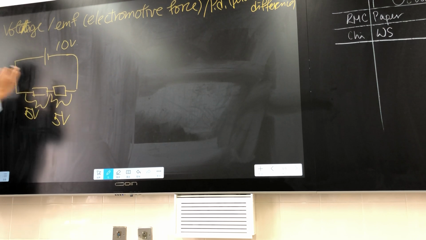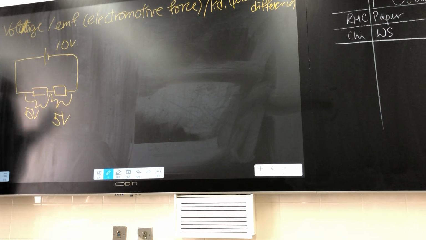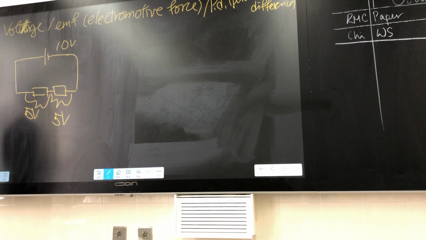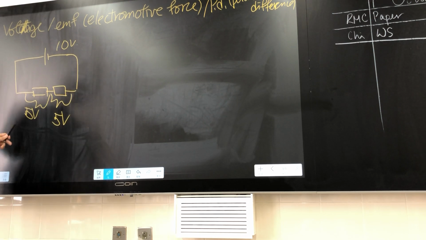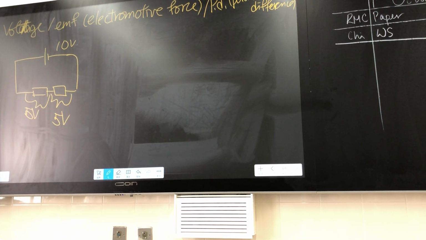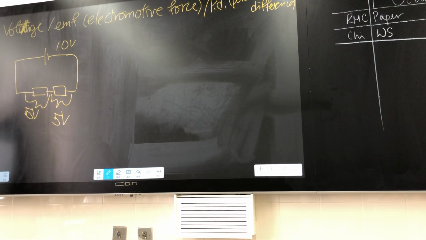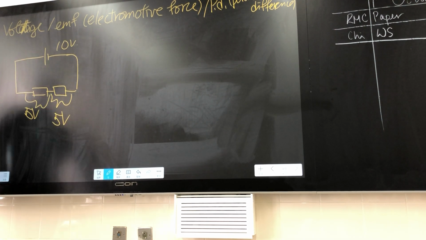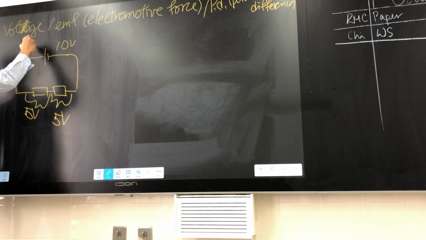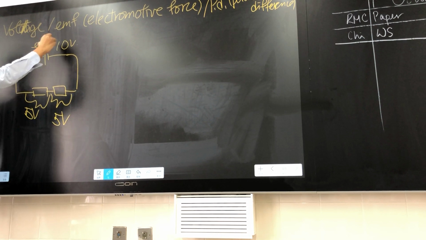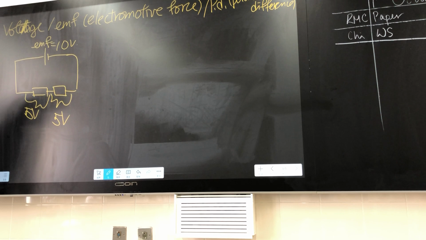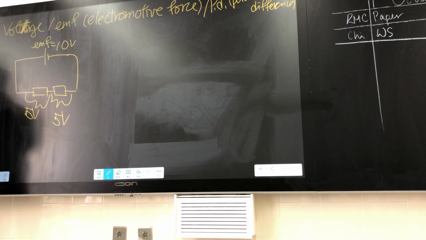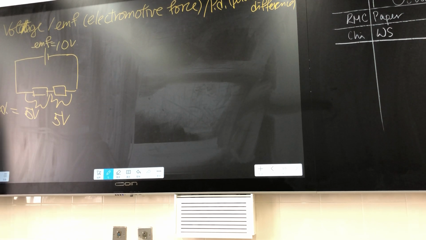So the voltage you use for each resistor is the same, so that it consumes 5 V, it consumes 5 V. So in this circuit, we call the power supply as electromotive force. And then this 5 V as potential difference. Okay? And they are all voltage.